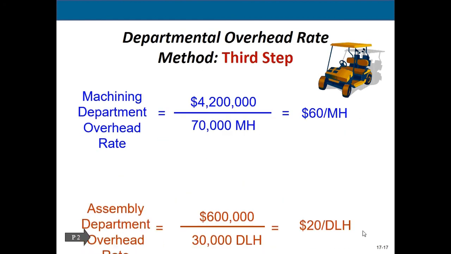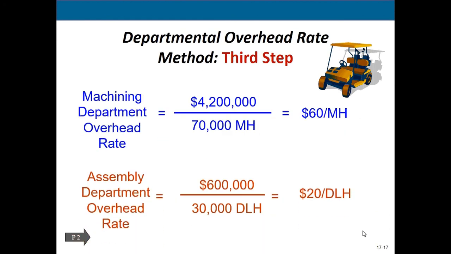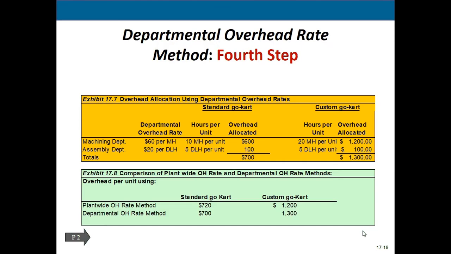For the machining department, we take the 4.2 million divided by 70,000 machine hours to say that there's $60 per machine hour. So for every machine hour that works on one go-kart, we're going to apply $60 of overhead to allocate to that go-kart. And then the assembly department had 600,000 as its estimate, divided by 30,000 hours is going to be $20 per direct labor hour.